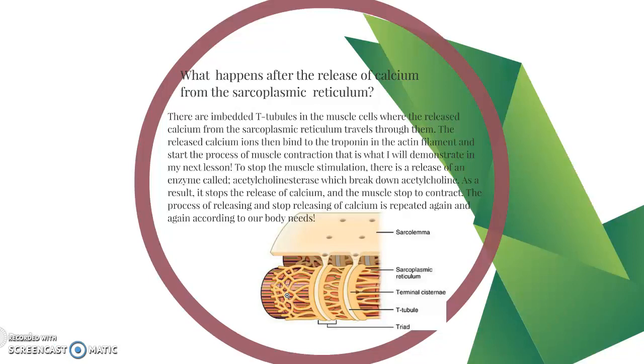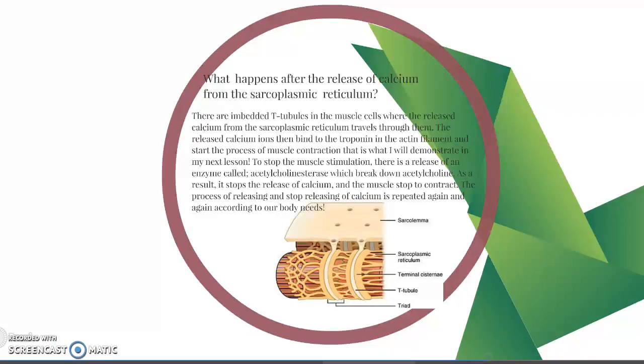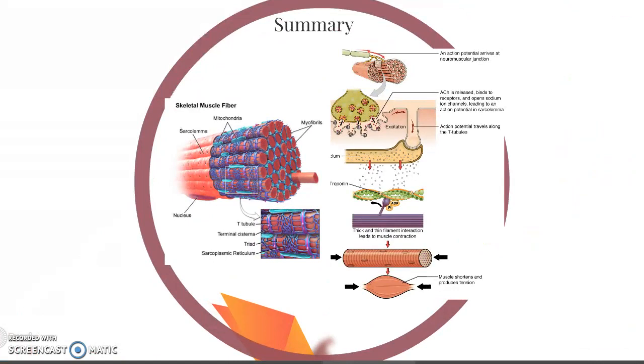So now when any stimulus comes from a nerve, it goes to this cell wall where it reaches receptors and then travels down through this T-tubule, which in turn will stimulate the release of calcium from this sarcoplasmic reticulum. And this calcium will then go and cause muscle contraction.